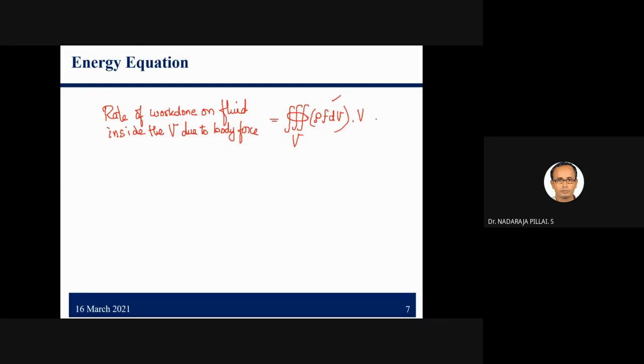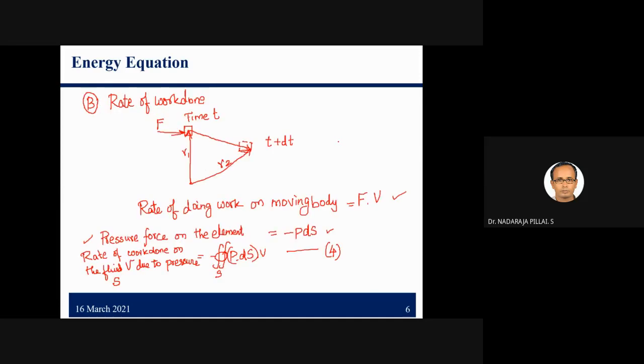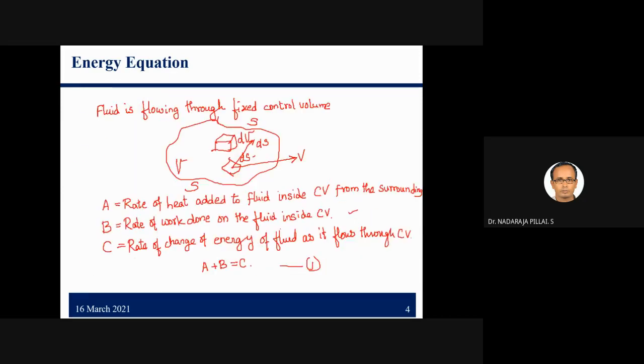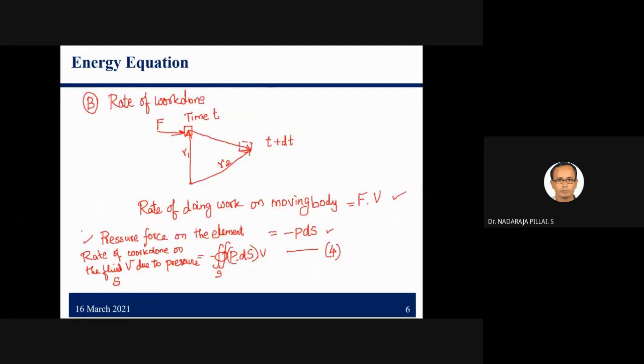Again, we can write the contribution of the viscous force as W dot viscous, and hence we can write the whole equation: this is equation 5 and this is 6. So 4, 5, 6 can be written as B, the work done component.